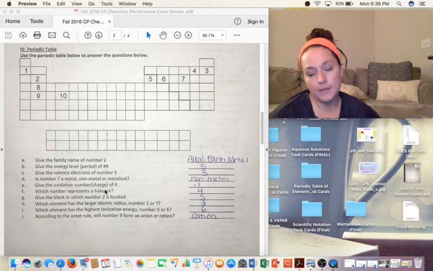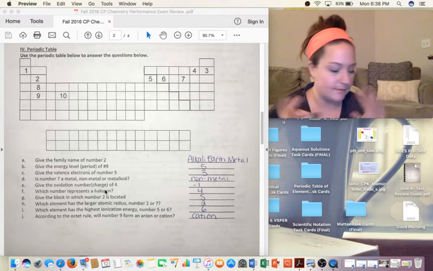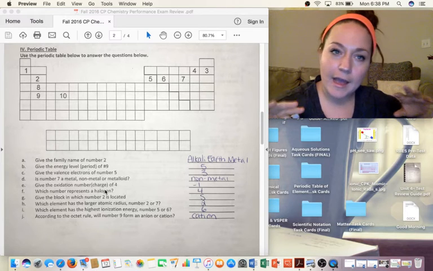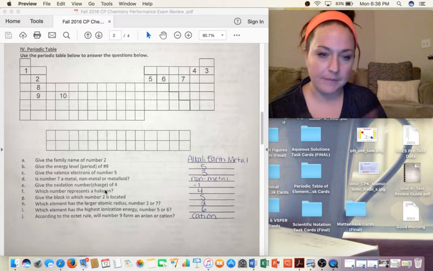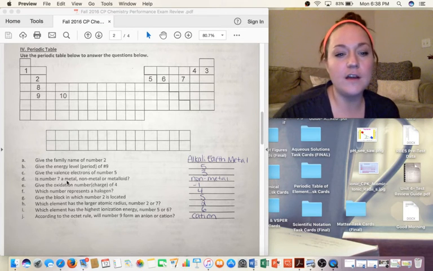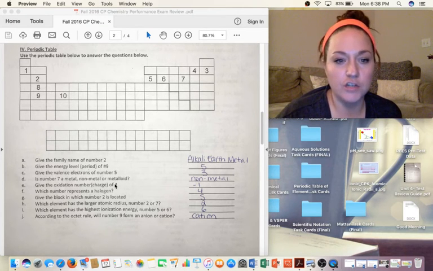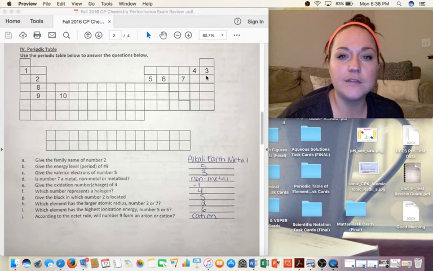In the world of chemistry, in the world of science, mind-blowing, they have sometimes multiple names for the exact same thing. So give the oxidation number, the ionic charge of 4. So let's look at 4.